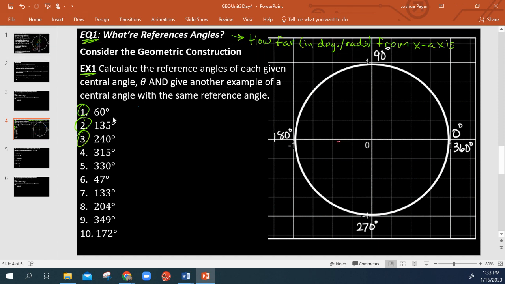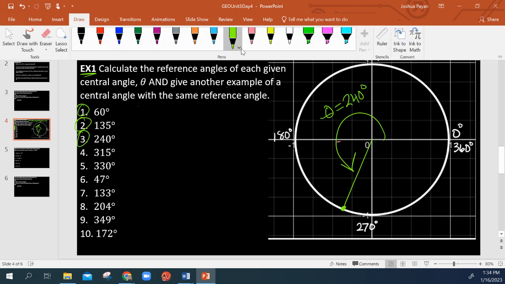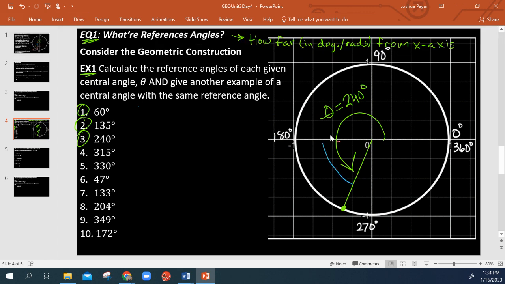Okay, so 240 degrees. And I'm probably not going to go through every single one of these examples on this video. I'll probably skip ahead after the 240. So 240 is going to put me right about here, right? And it's probably not a very good judge of scale, but 240 degrees is going to be my central angle. Now, what is my reference angle?